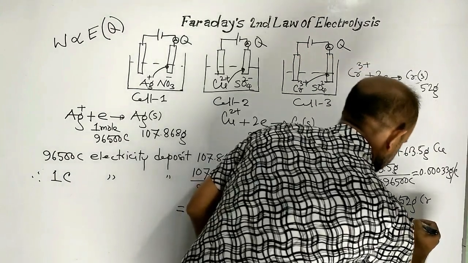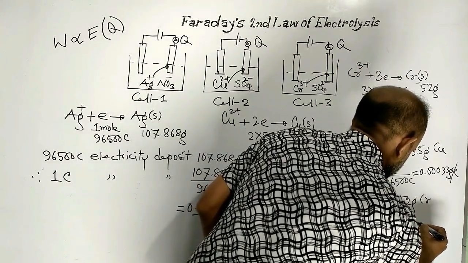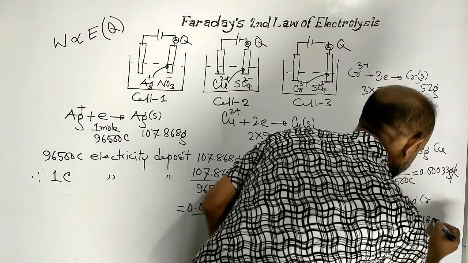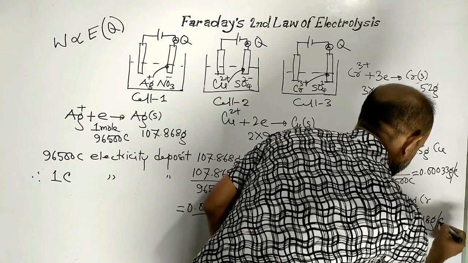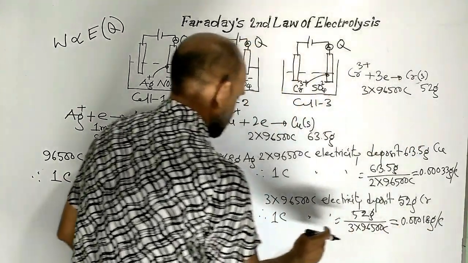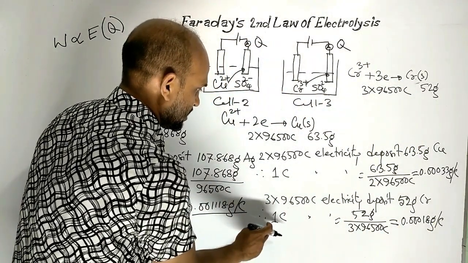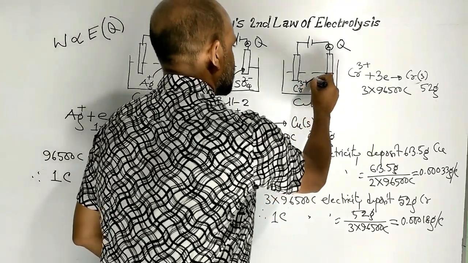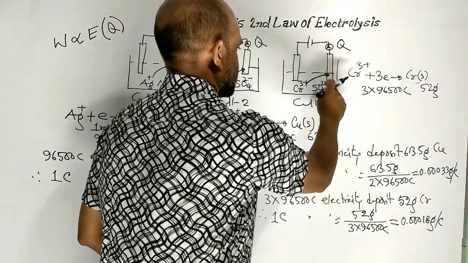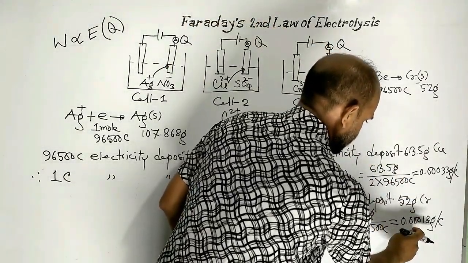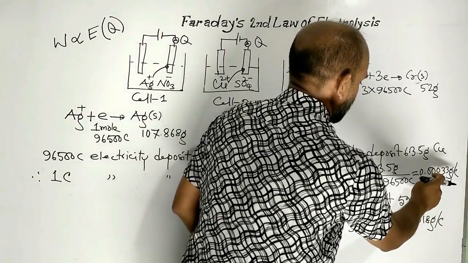This is equal to 0.00018 gram per coulomb. That is, for passing 1 coulomb of electricity, chromium deposited on the surface of the cathode is this gram, which is less than copper.